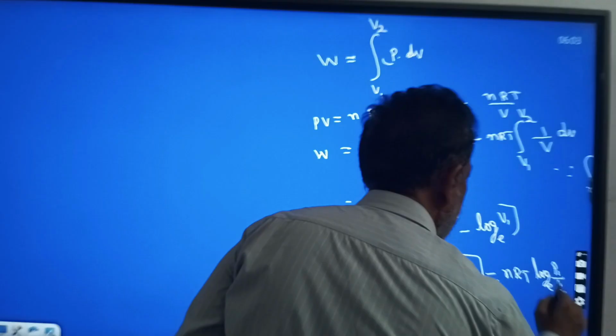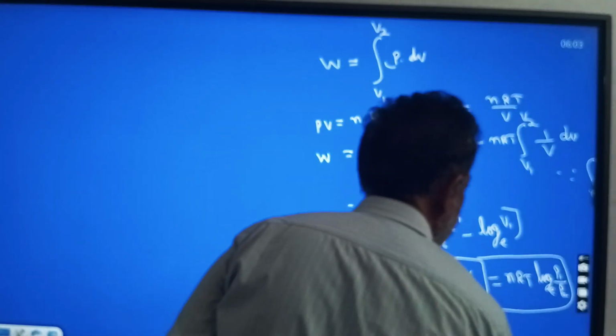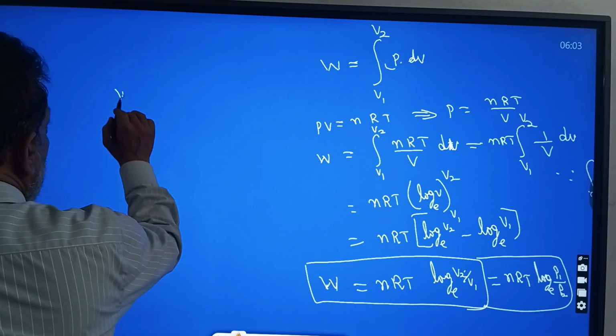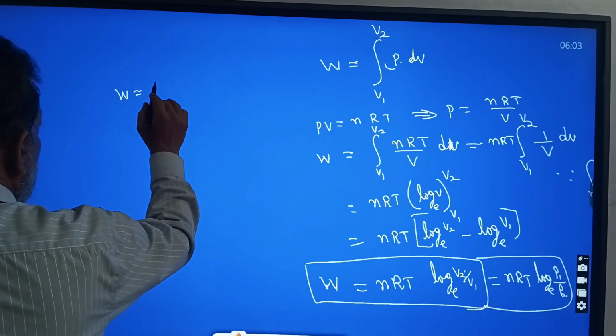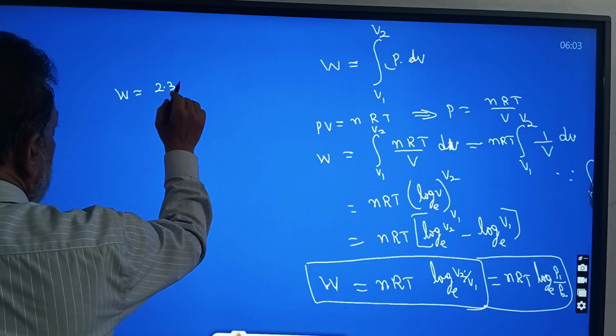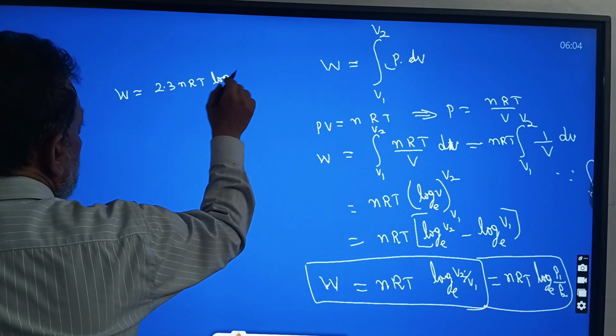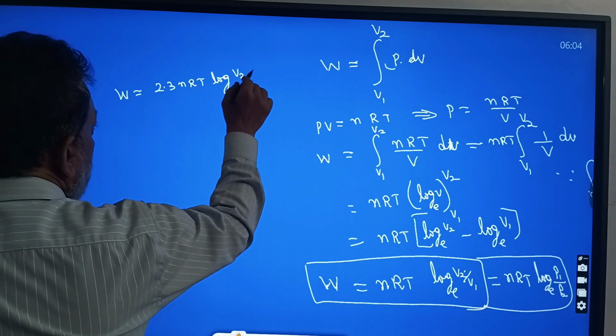Easy. Inversely means 1 becomes 2, 2 becomes 1. So therefore W is equal to 2.3 nRT into log V2 by V1.